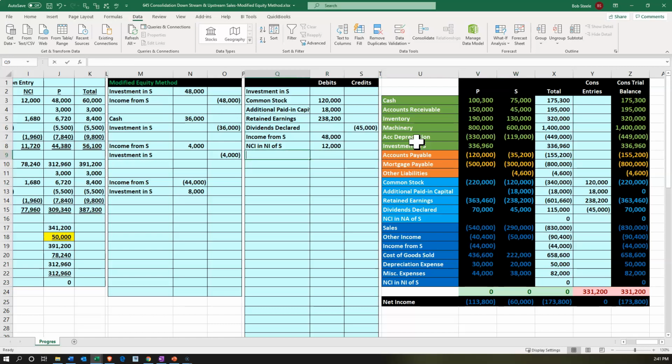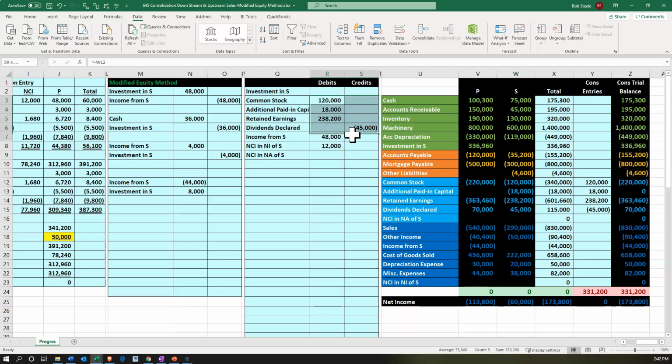Then we've got the non-controlling interest on the balance sheet side of things, basically net assets. So that's going to be the assets minus the liabilities, or the equity section, both adding up to the 391.2 times the non-controlling interest, which was 20% here, right?